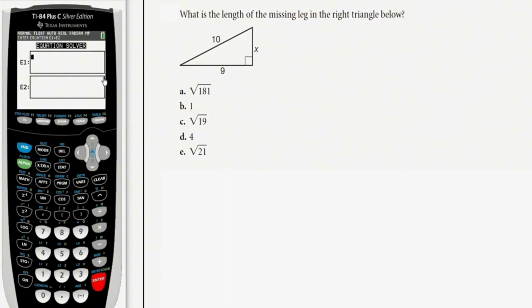Alright, so our E1 will be 10 square, remember the square of the hypotenuse. Then our E2 will be the sum of the squares on the other two sides. So we have 9 square, alright, plus x square. So we're looking for the value of x actually. So that's it guys, we are good to go.